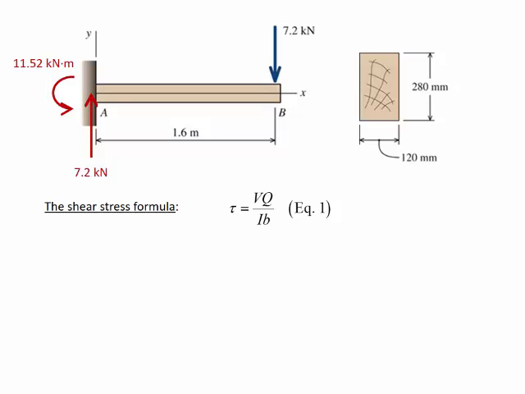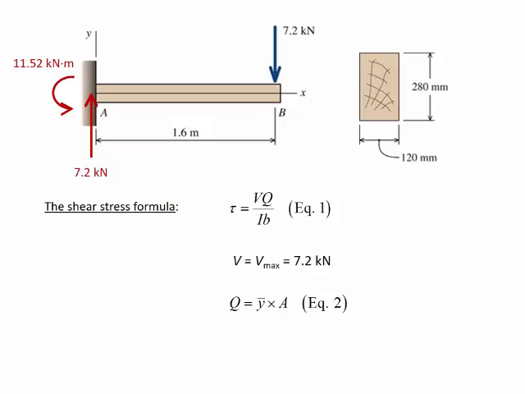So for the problem at hand, we have that the shear force is the maximum shear force of 7.2 kilonewtons. The first moment of area will depend on which point we are calculating the shear stress. Remember, we were asked to determine the shear stresses at 35 millimeters below the surface, 70 millimeters below the surface, 105 millimeters below the surface, and 140 millimeters below the surface.